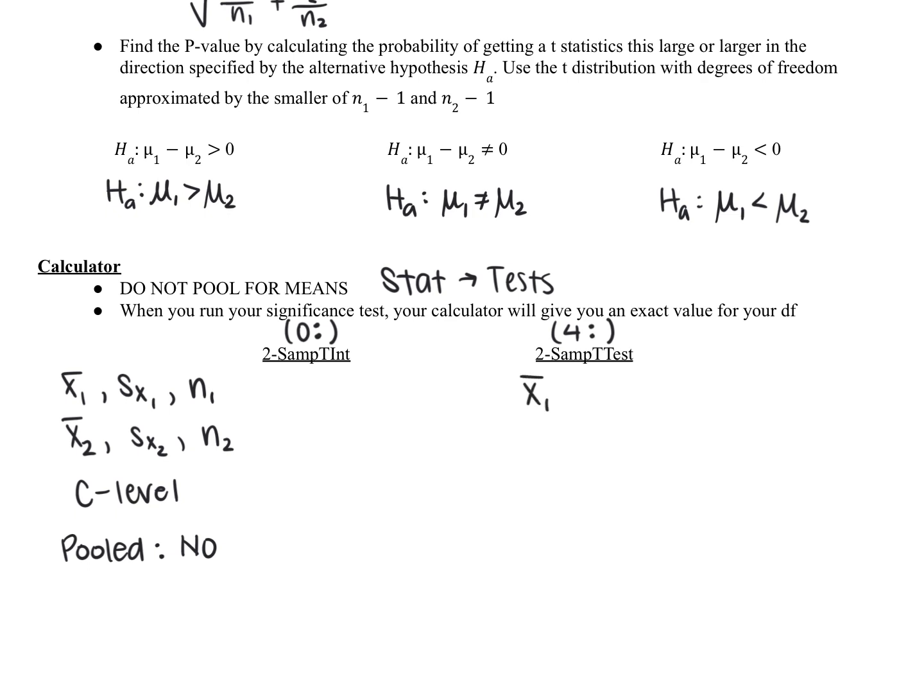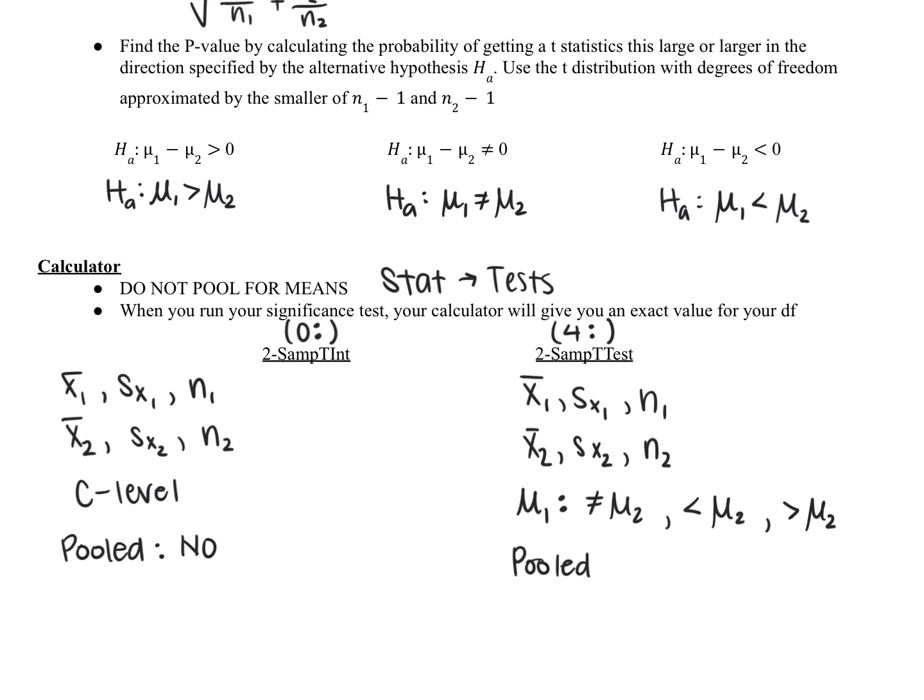You have to know x1 bar, sx1, and n1. You need to know x2 bar, sx2, and n2. And then you have to choose your alternative hypothesis. Either it does not equal, is less than, or is greater than. And again, when it says pooled, you're going to choose no.